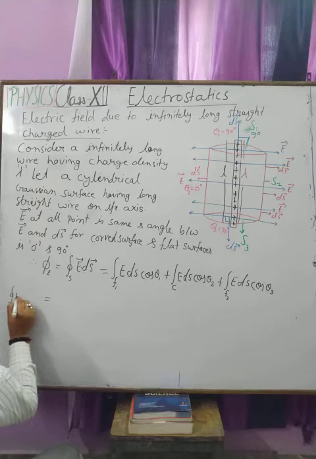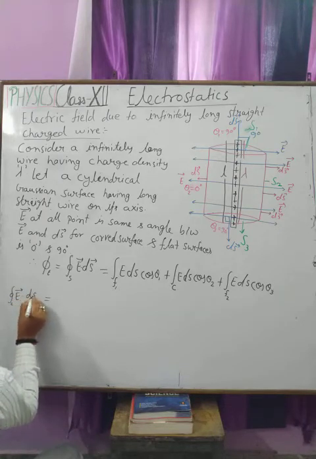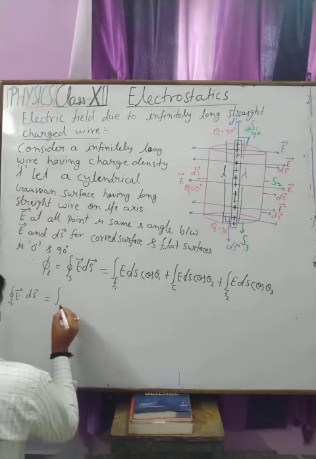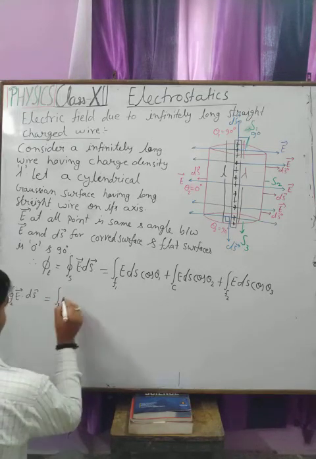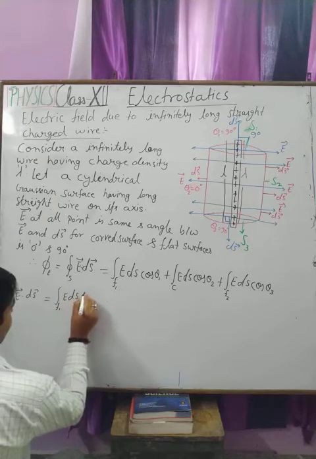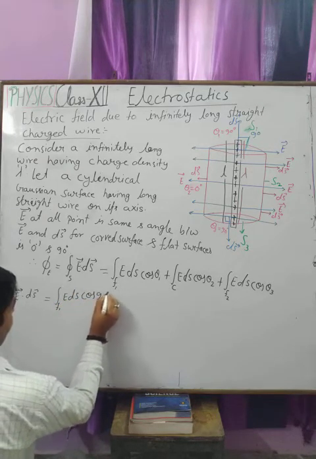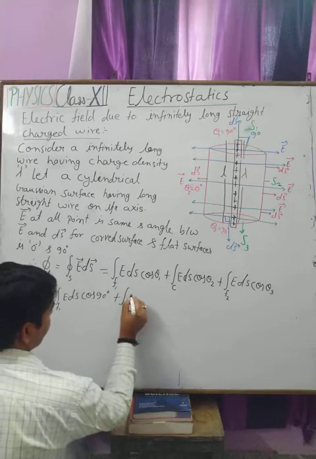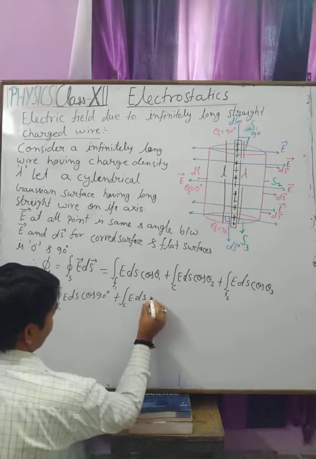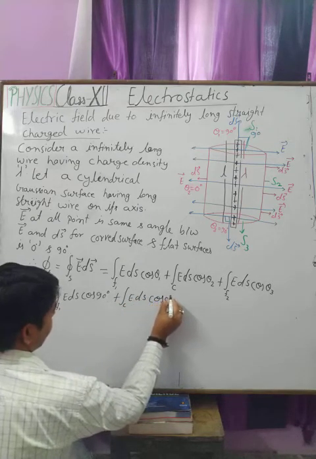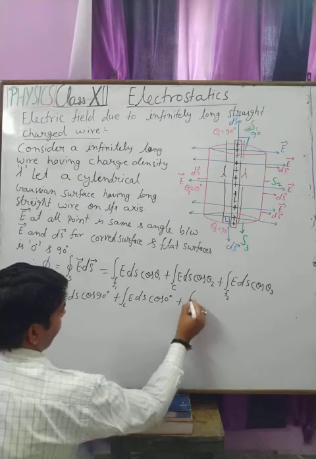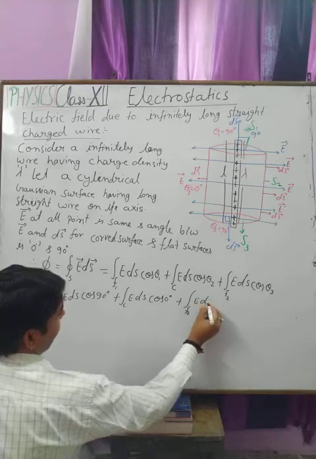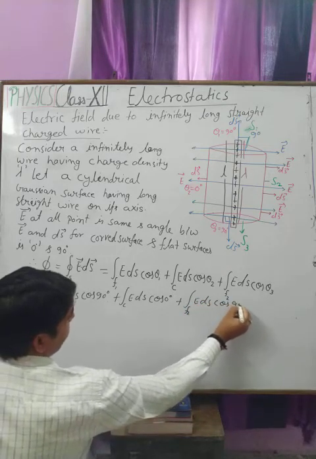Okay student, now closed integral of vector E ds is, for first flat surface, E ds cos 90 degree, plus curved surface E ds cos 0 degree, and second flat surface E ds cos 90 degree.